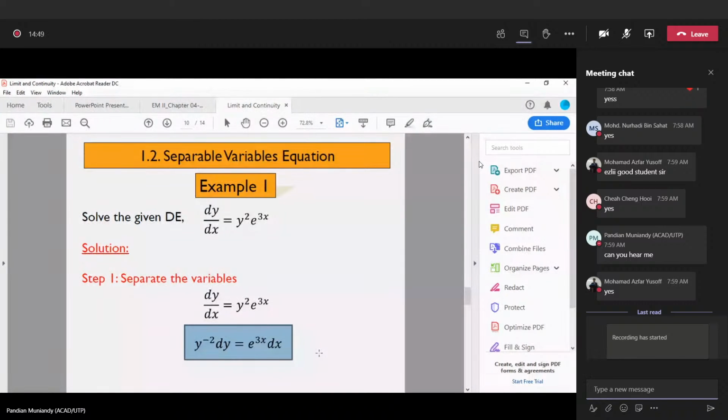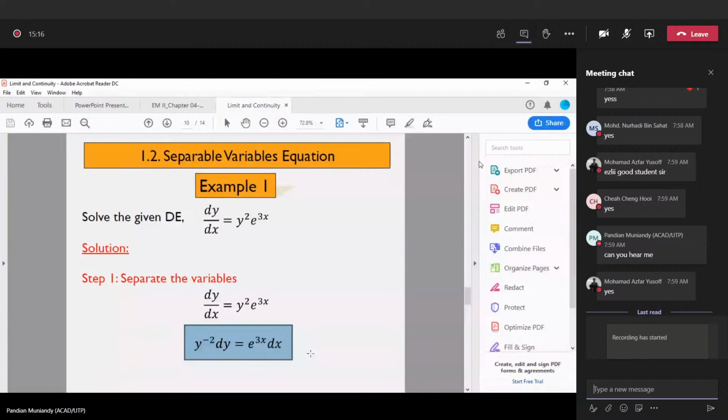Actually, separable is when you form the differential equation so that in step 2 we can integrate. If you cannot write in this form, then you have to move on to the second one, that is the linear differential equation. If not linear, then you move on to exact, non-exact.